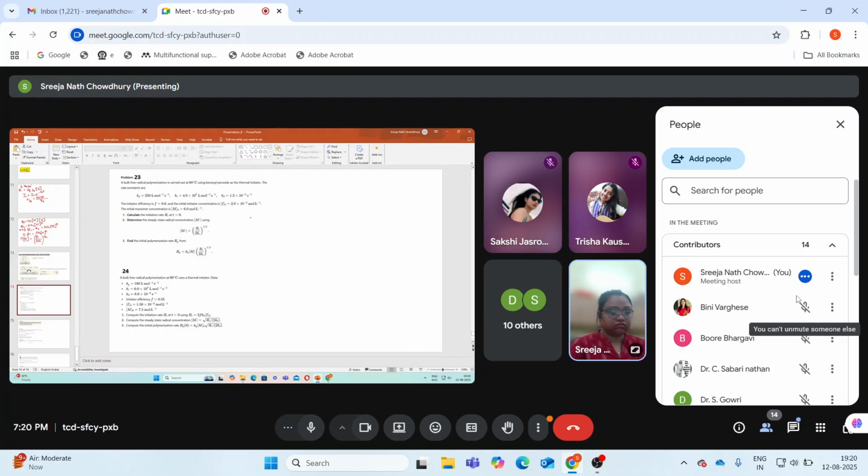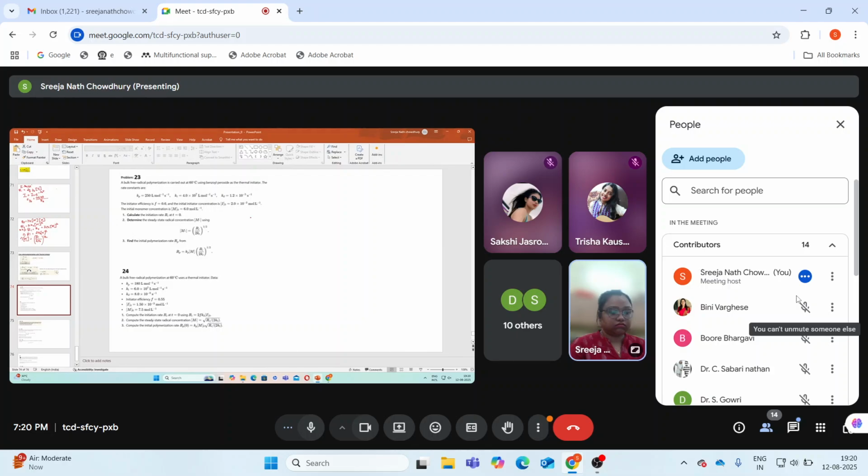So Ri is given by 2F Kd I0, that is the initial rate of the reaction.